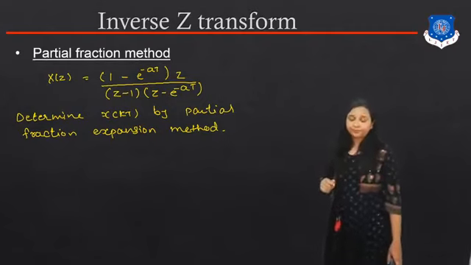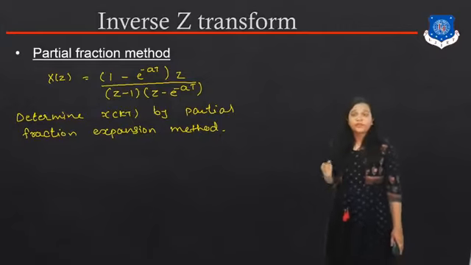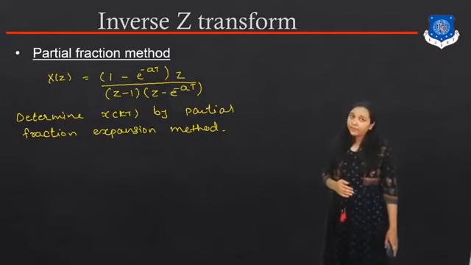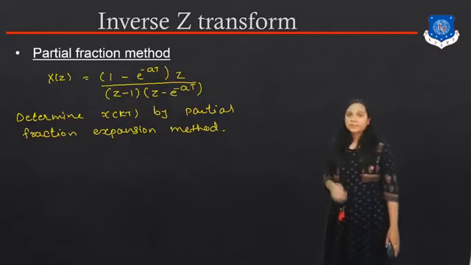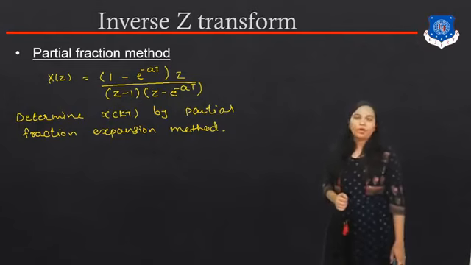As you know, x of z is our z transform equation, and in x of kT, T is the sampling period and k is our sample. So we have to find the value of x of kT.